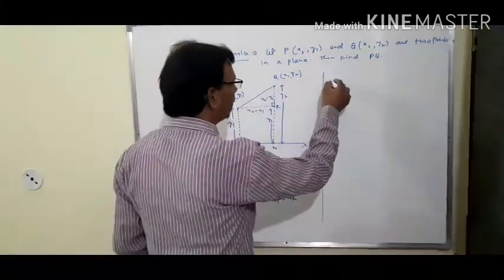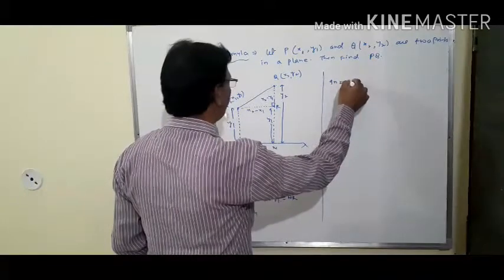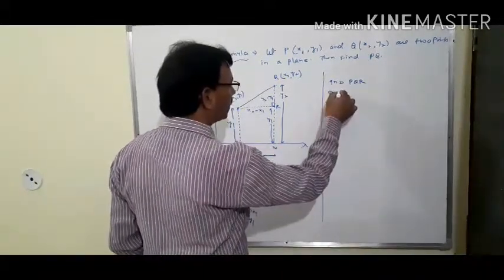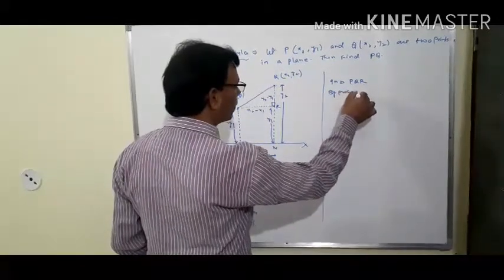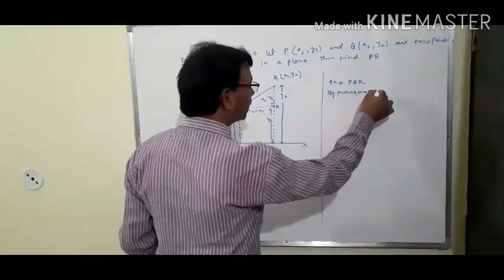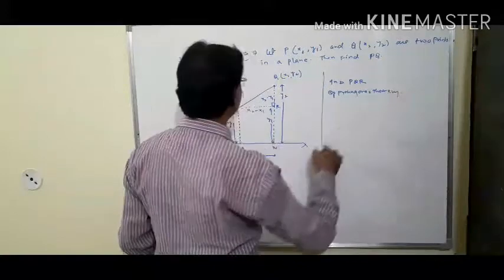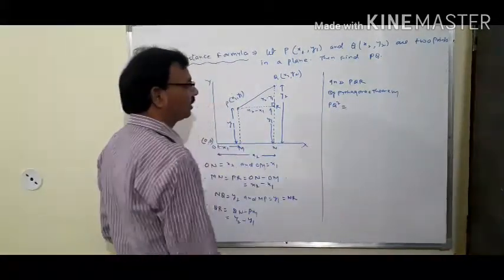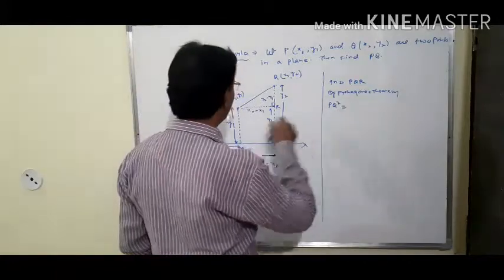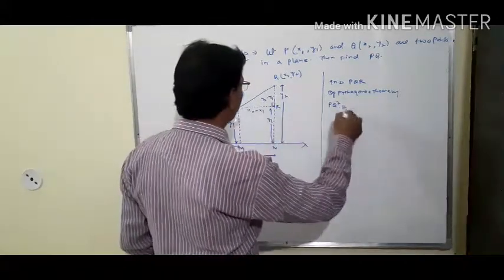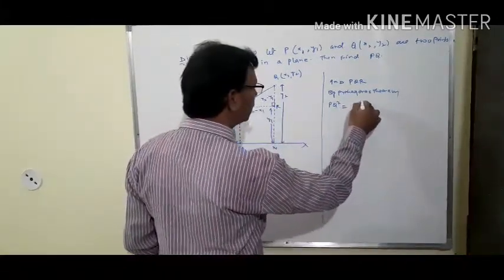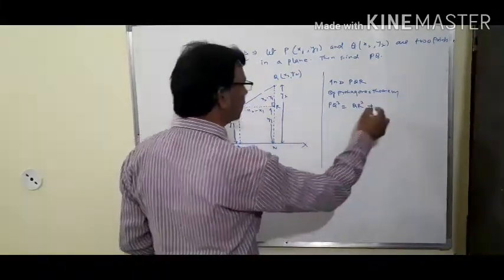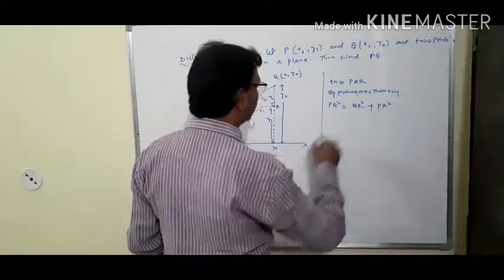So in triangle PQR, by the Pythagoras theorem, the square of the hypotenuse PQ is equal to the square of the perpendicular QR plus the square of the base PR.